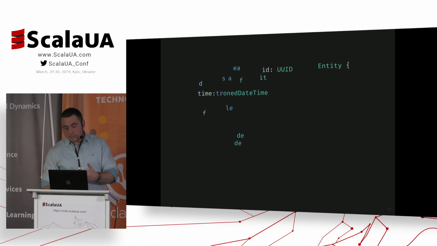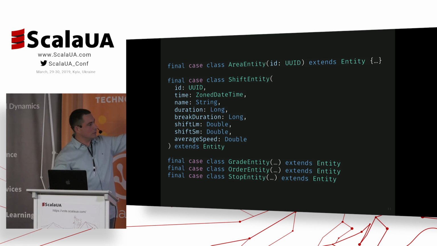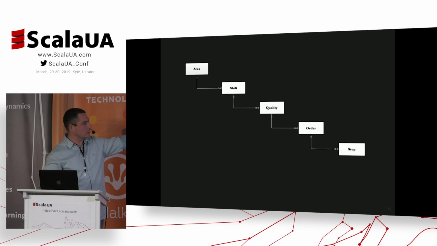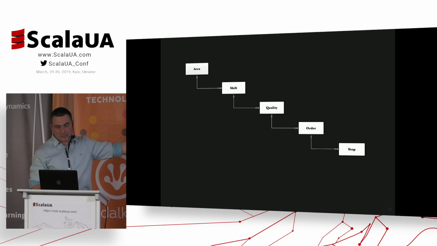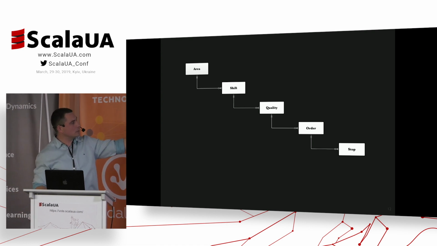So we represent everything as an entity which has a type and an ID, and each entity has many different settings, parameters, properties specific to it. So they combine like this: an area, which is a machine, then people who work on them, then people produce the material of different quality.